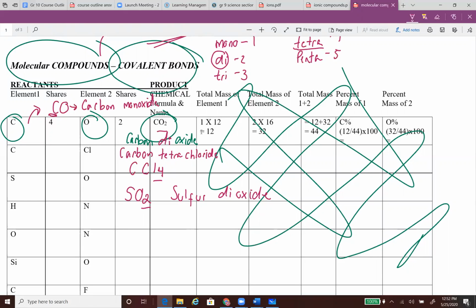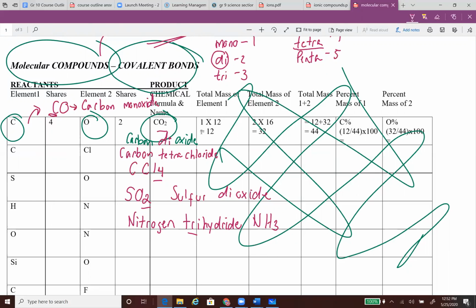If I look at the next one, if I say to you something like this, nitrogen trihydride, you should be able to tell me that it would be 1 nitrogen and 3 hydrogen.